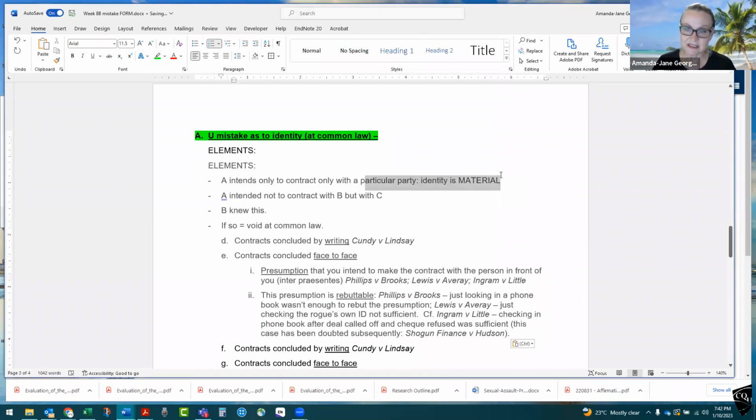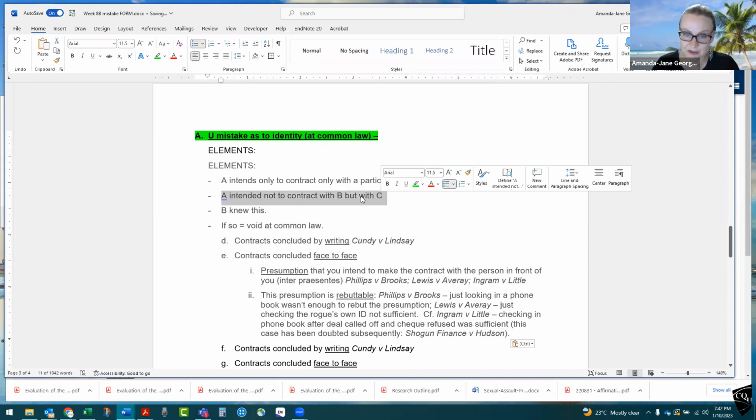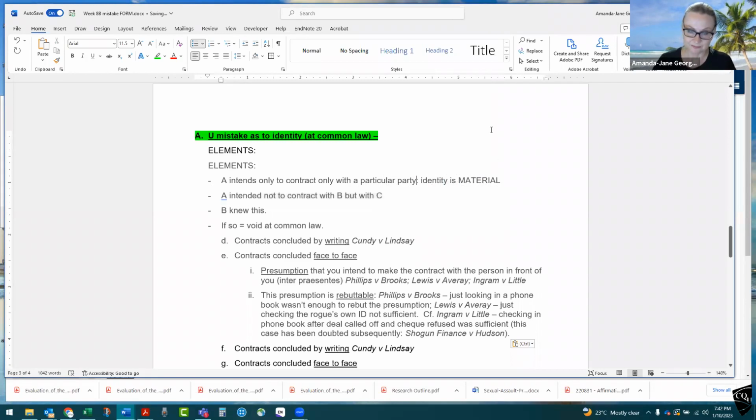That identity is material or important to party A. A intended not to contract with the person that they've actually contracted with. They intended to contract with C. B knows it. If that's the case, it's going to be void at common law.